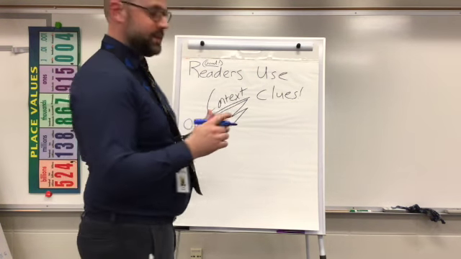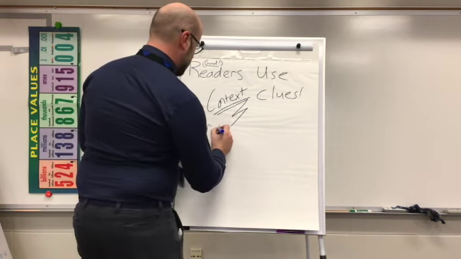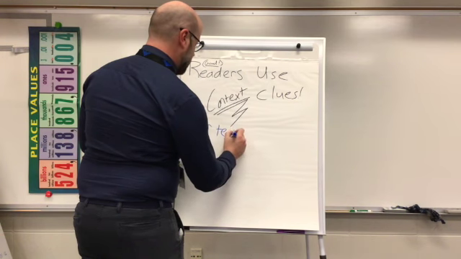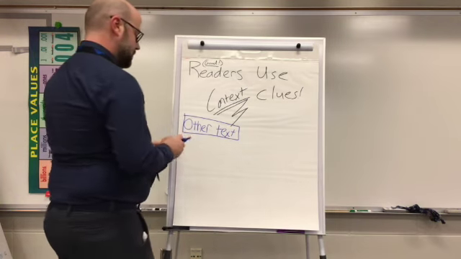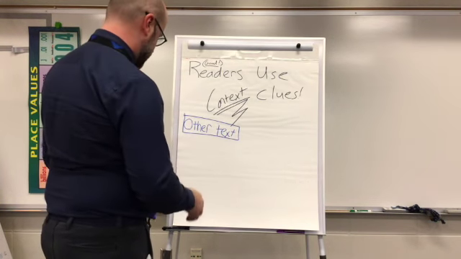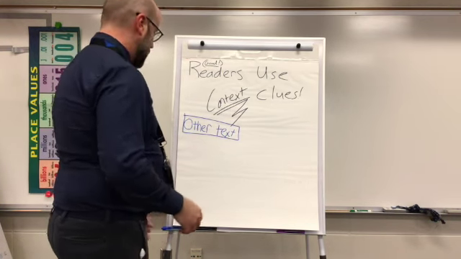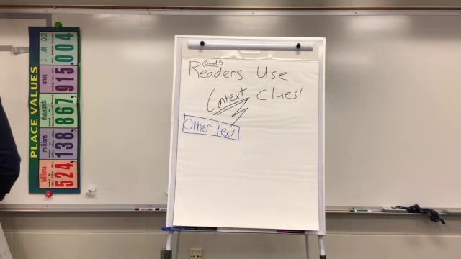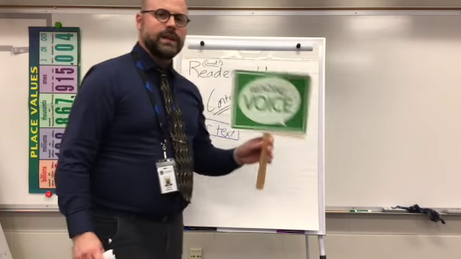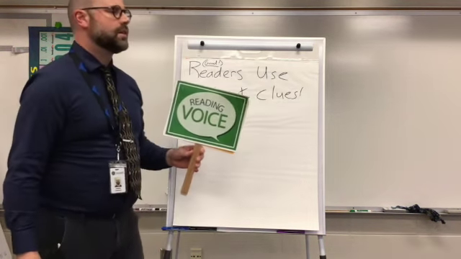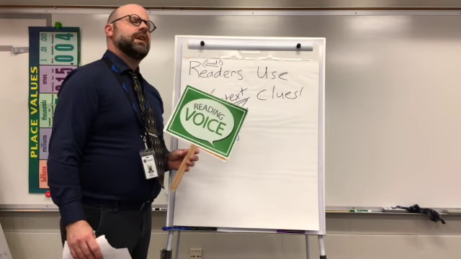Other text. What does that mean, though? What do I mean when I say other text? Well, when you're reading, you're going to be reading a sentence, going along using your reading voice, and you're going to go, I don't know that word.